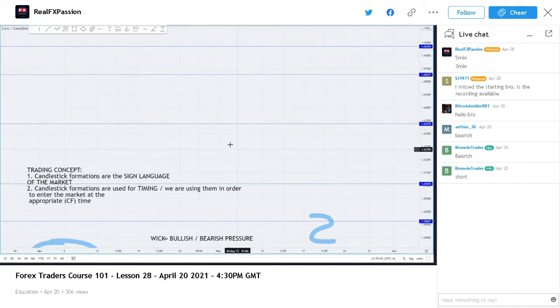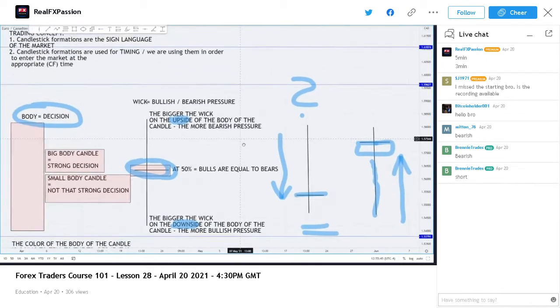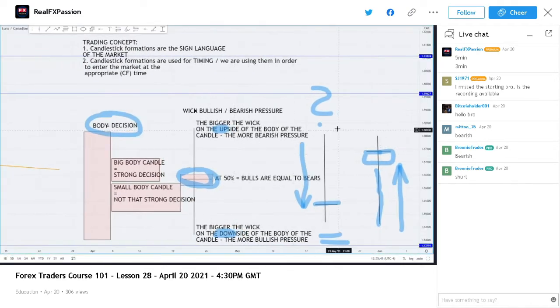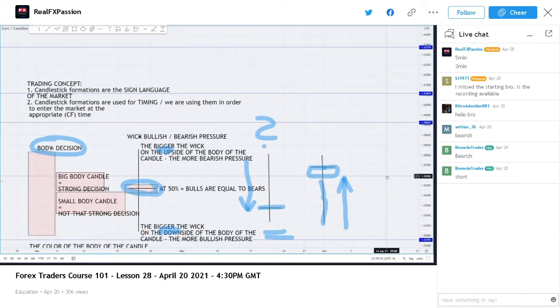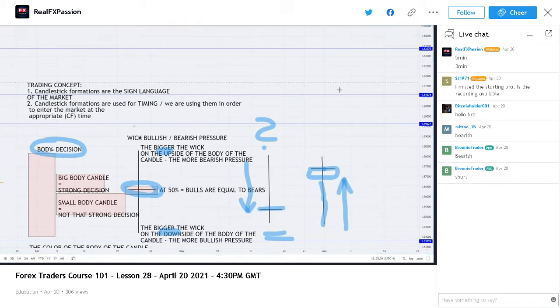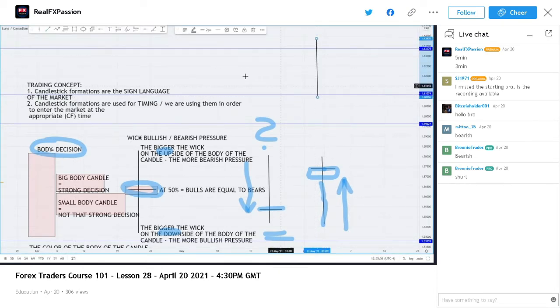Now, I'm going to leave this, everybody. Okay, so let's see an example. What if you have a wick like this and a body of the candle like this, and it's red?